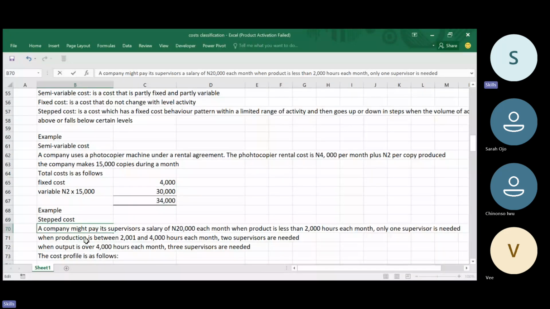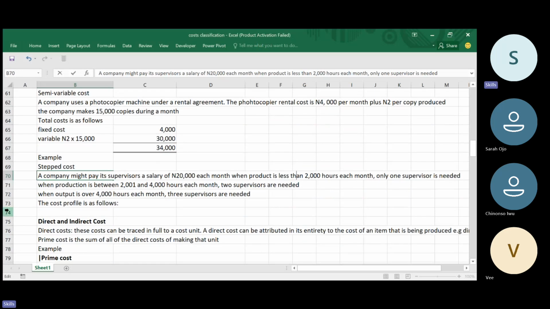When production is between 2,001 and 4,000 hours each month, 2 supervisors are needed. When output is above 4,000 hours each month, 3 supervisors are needed. So this is an example of step cost.